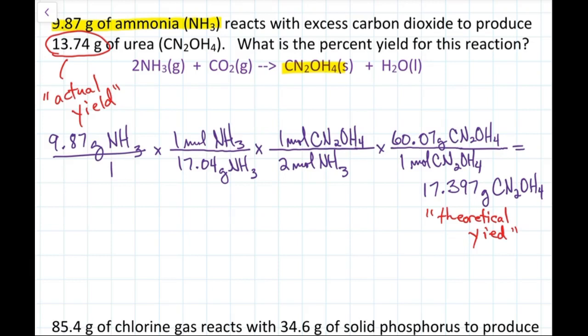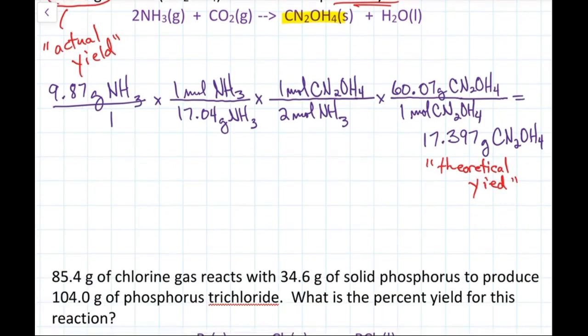The last step here, it's asking what the percent yield is. Percent yield is simply actual yield divided by the theoretical yield times 100.